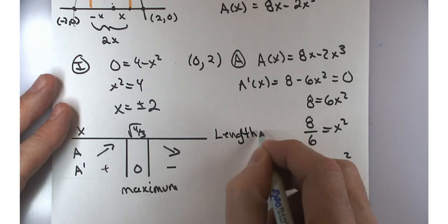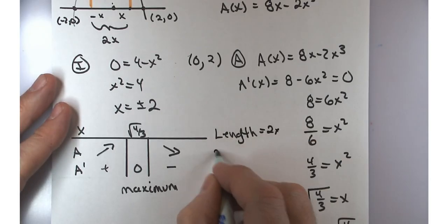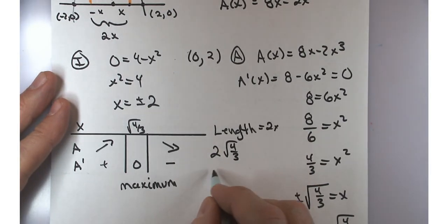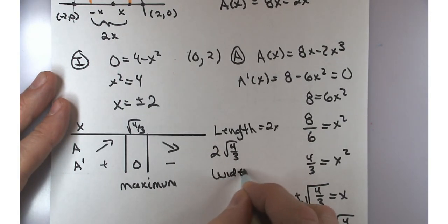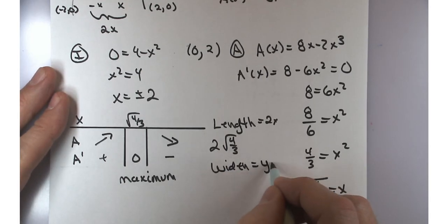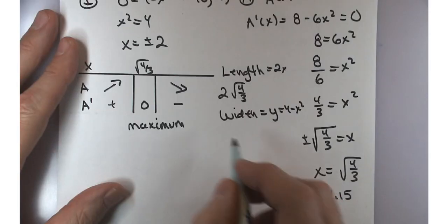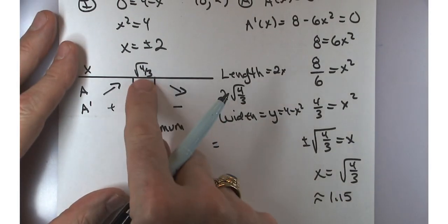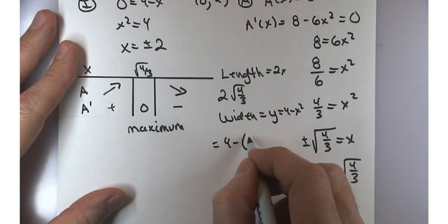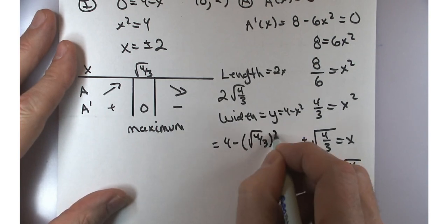Length is equal to 2x, so 2 times the square root of 4/3, and then the width, which is going to be y equals 4 minus x squared. So if I put in that value of x, it's going to be 4 minus square root of 4/3 squared.